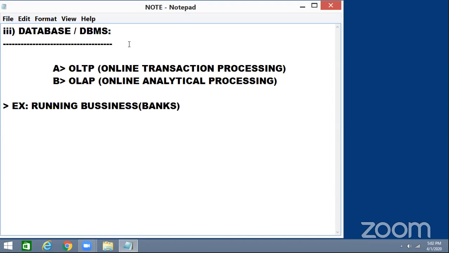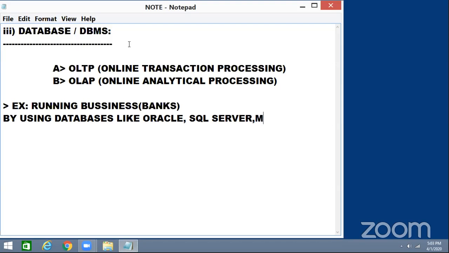So write down below: to maintain day-to-day transactions, we use databases like Oracle, SQL Server, MySQL, etc.